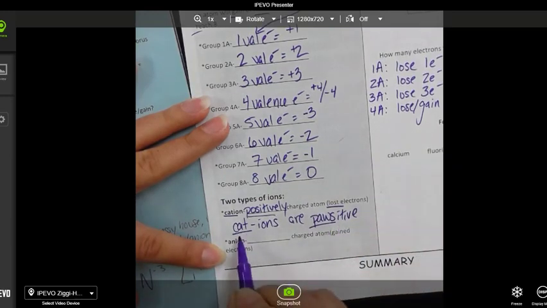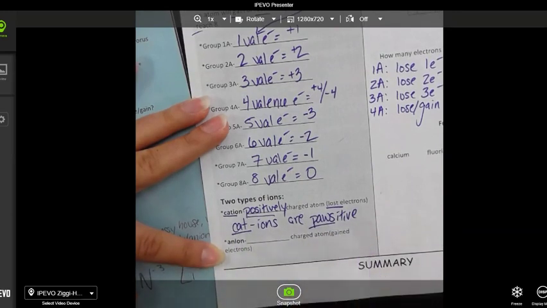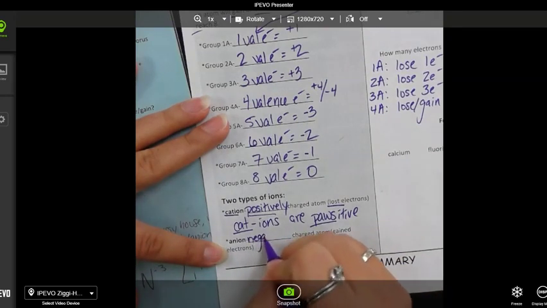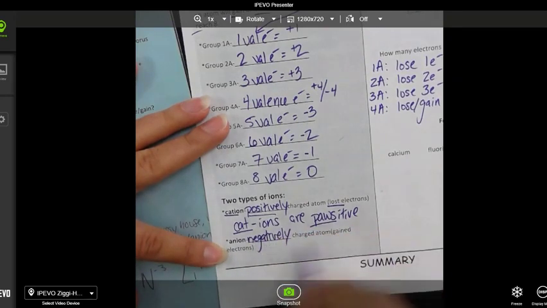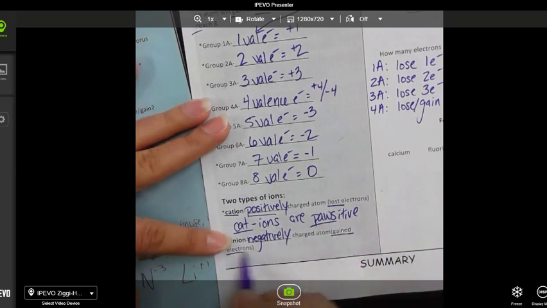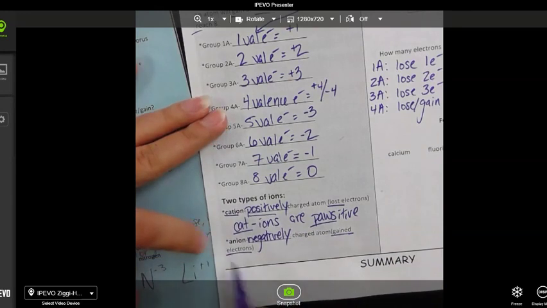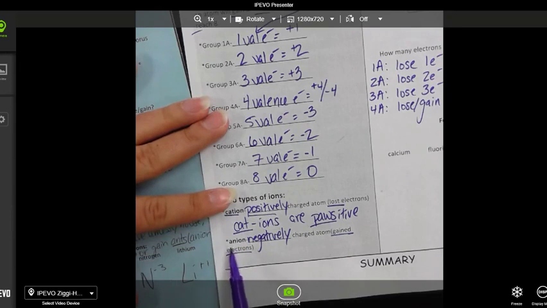Really stupid riddle, but cations are positive, which means that anions, these are the negatively charged atoms, and these gained electrons, so they have more electrons than positives. And there isn't a stupid riddle to help you remember that anions are negative, but somebody once told me that anion looks like onion and onions are negative because they make you cry. Whatever, however you want to remember it.